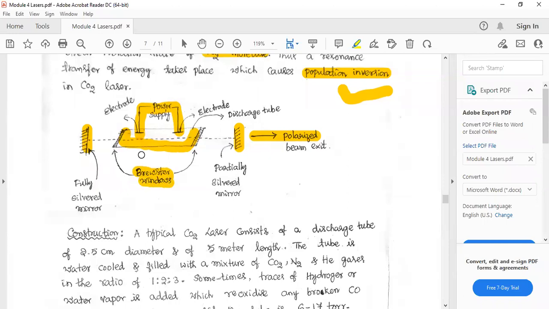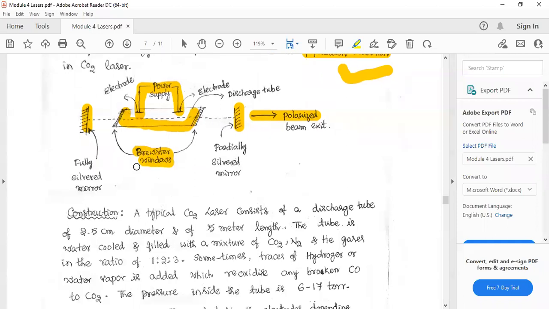We have provided Brewster windows, and in the last class I explained that a Brewster window is an arrangement which makes the reflected laser fall on the surface of the mirror at Brewster angle. Any light ray which falls on the mirror at Brewster angle will get polarized. That is the use of this Brewster window.